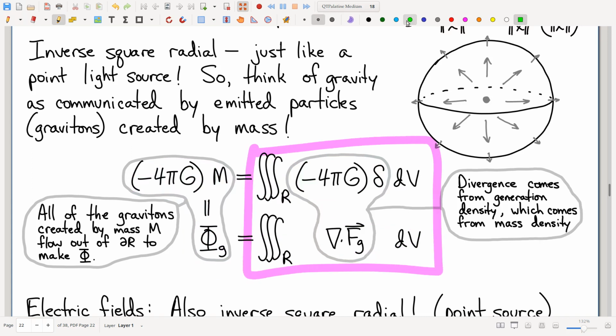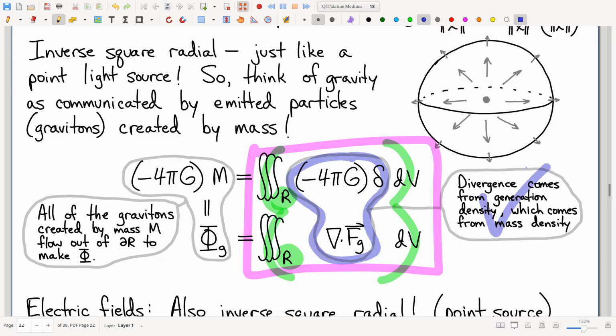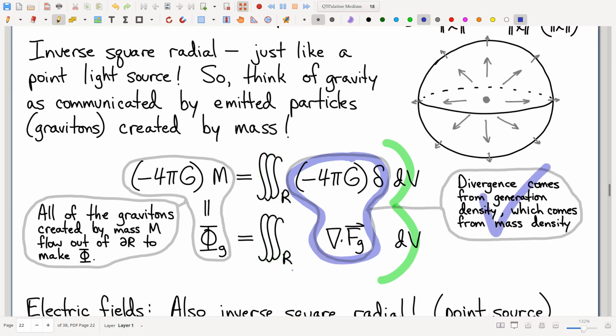And again, this is for any region. And so if we're looking at integrals on any region, this integral is always equal to this integral, no matter what region R we're talking about, then I claim that means that the integrands have to equal. And that is a really powerful statement about the gravitational field.